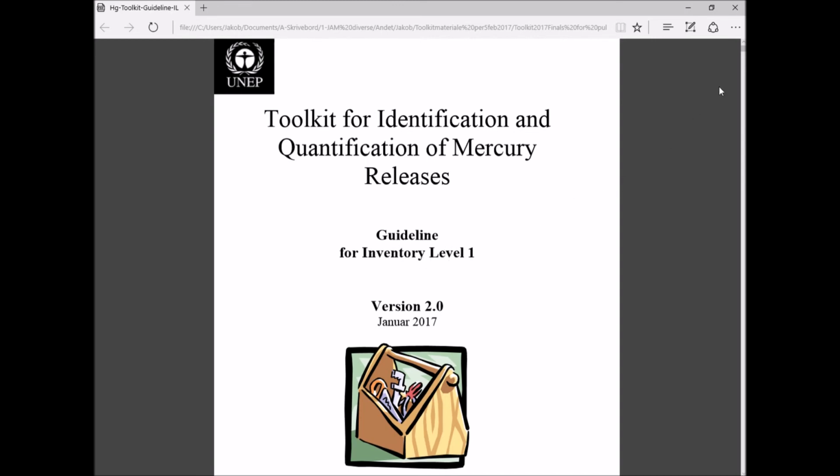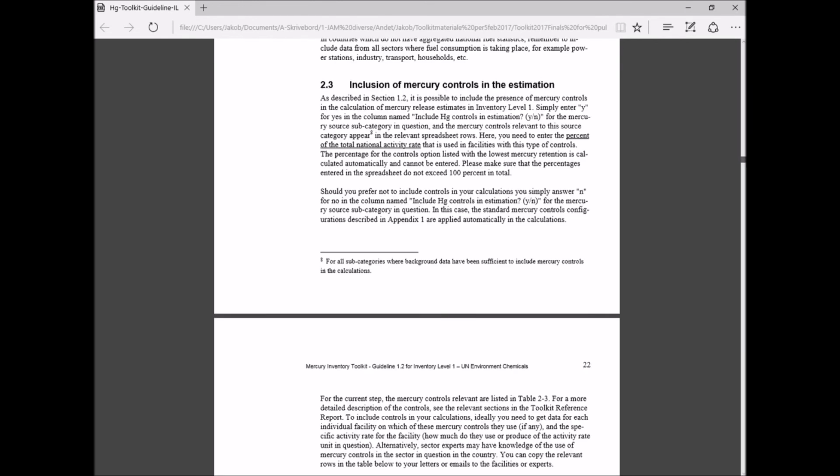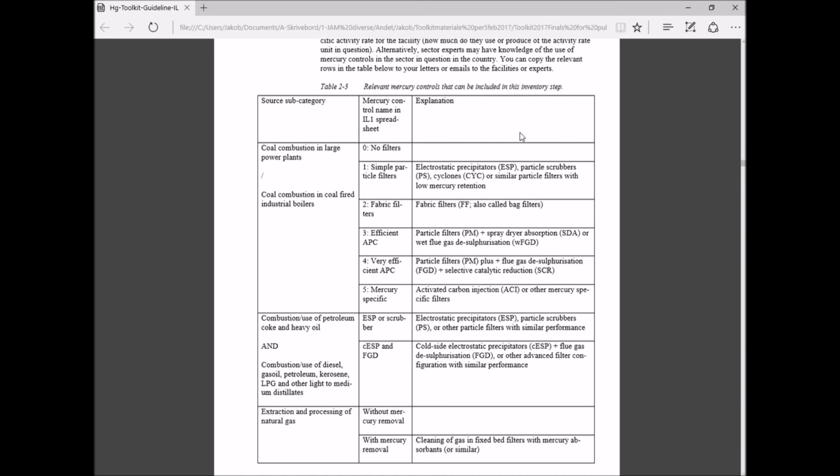So let me show you an example, if I can find it here. Yeah, let's look at the coal-fired power production plants. So here you see this exactly same kind of table in the guideline that you can copy and put into your data collection letter so that people can tick in, like we just saw, which kind of filter configurations they have.